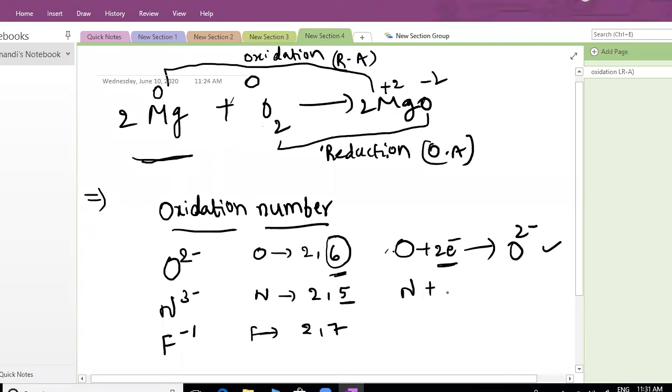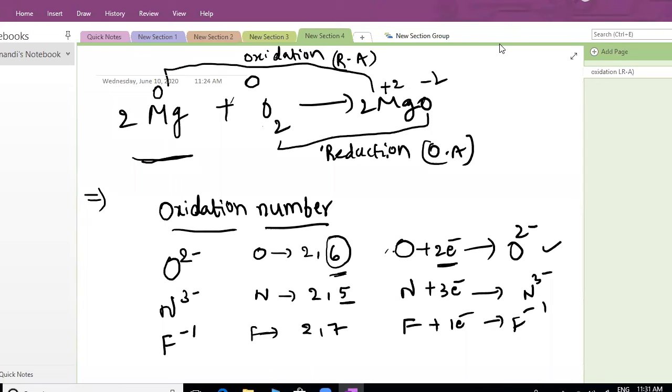So N plus 3 electrons, you get N3 minus. So 8 electrons, already 5 plus 3. Here also the same thing. F plus 1 electron we will get F minus. Understood? Any doubt here? Why are we writing 2 minus, 3 minus for different elements? Different means their need is like that. They need only 2 electrons, 1 electron, 3 electrons.